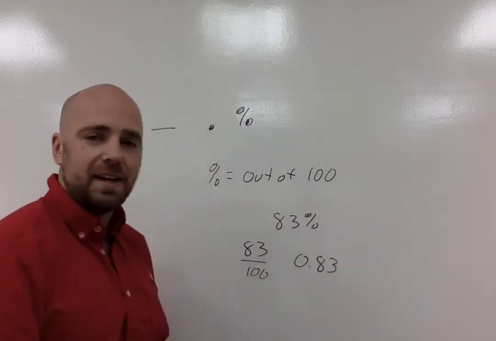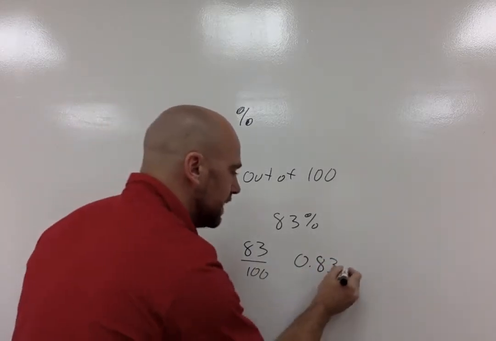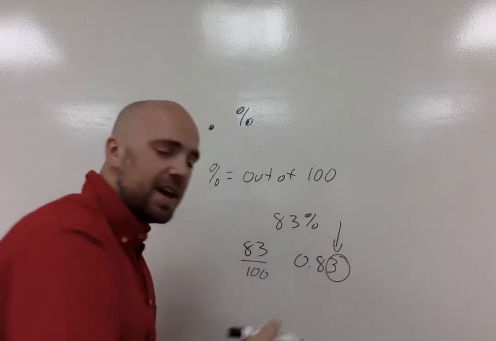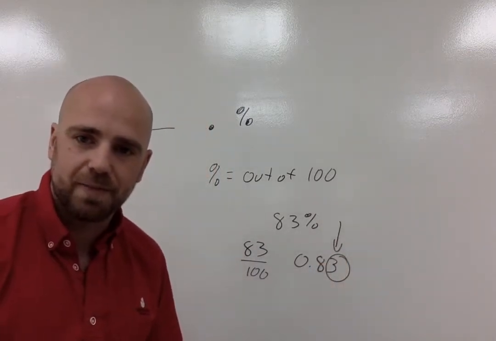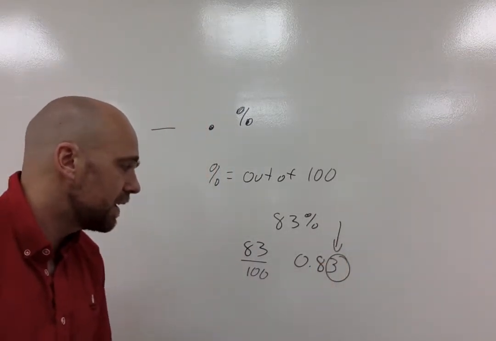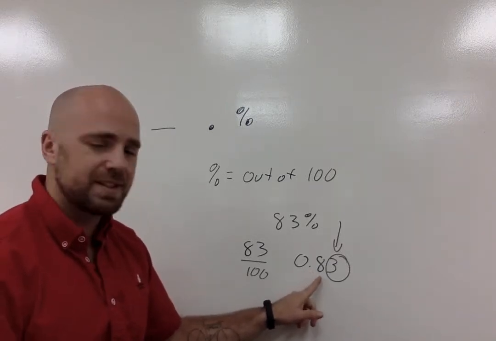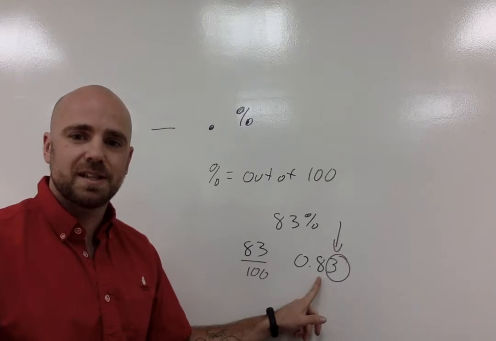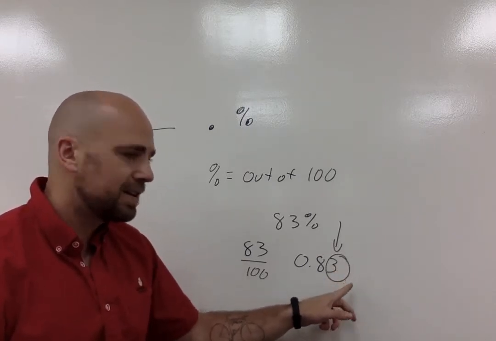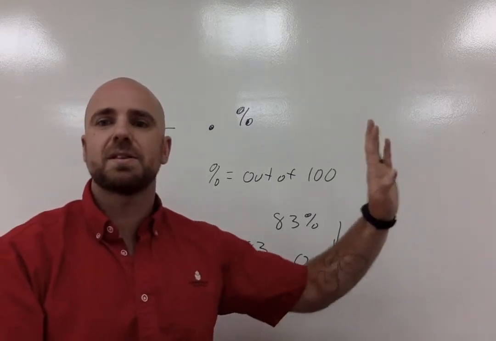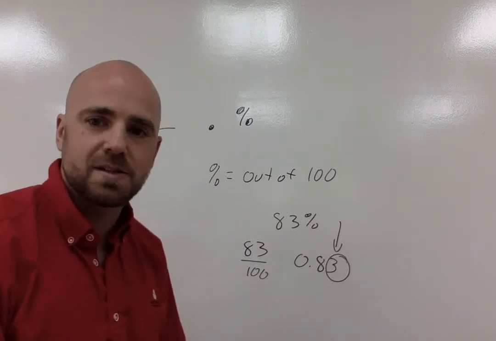0.83. And I call it 83 hundredths because my 3 is in the hundredths place value. Okay, the hundredths place value. So as a reminder, when we're counting back, when we have our decimal, it goes tenths with a THS at the end. Then hundredths, then thousandths, 10,000ths, 100,000ths, and millionths, and so on.